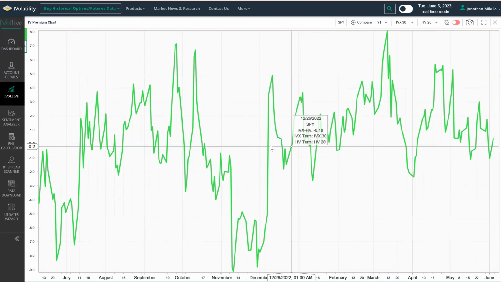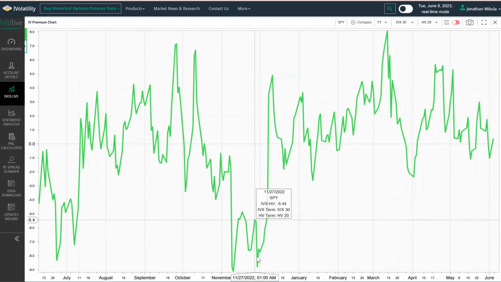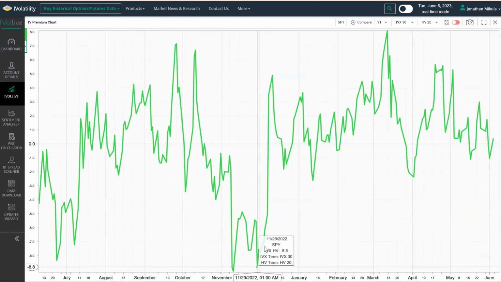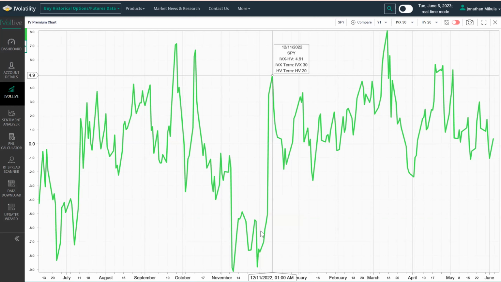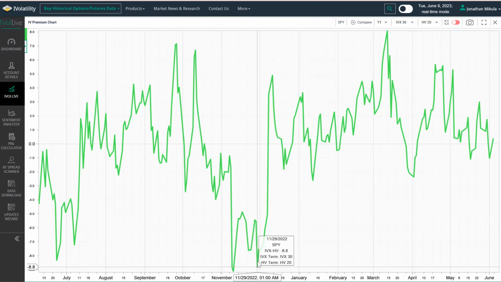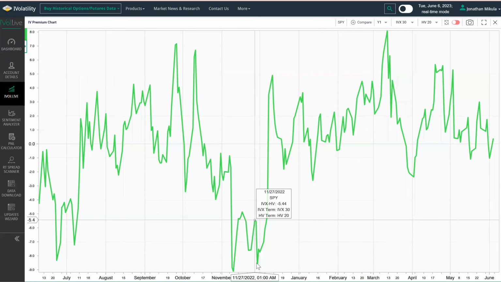We can use 0 as our dividing line. What's so amazing about this chart, not only for the S&P but for any underlying stock you're looking at, is it tells you when the relationship's out of whack. Here we were trading at a minus 8.8. Historical volatility was 8.8 percentage points higher than implied volatility.